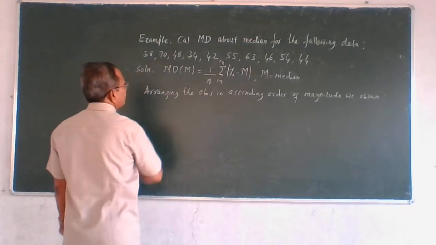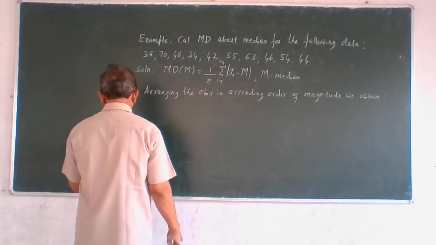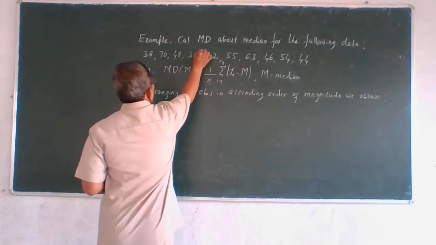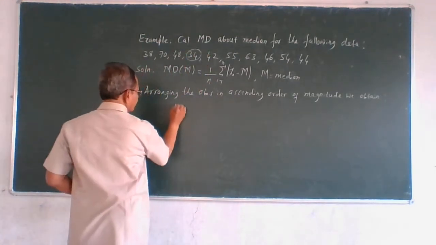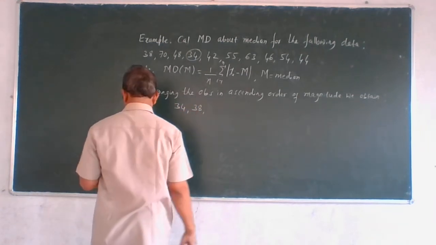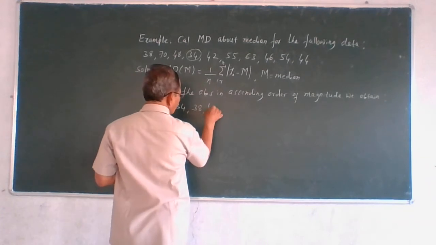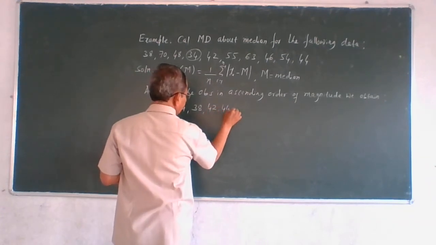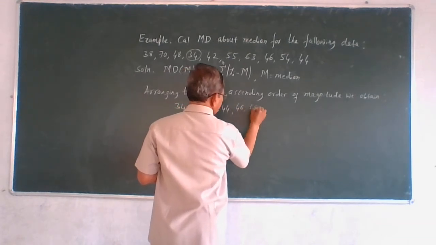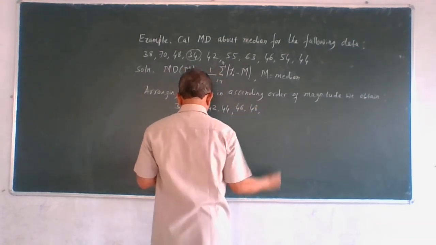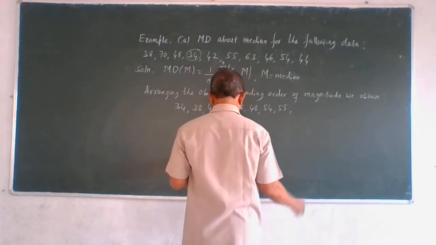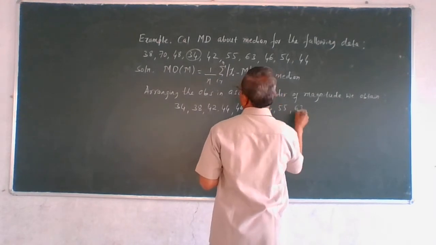What is the lowest observation? First one 34. Next observation 38. Next 42, 44, 46, 48, 54, 55, 63, and last one is 70.